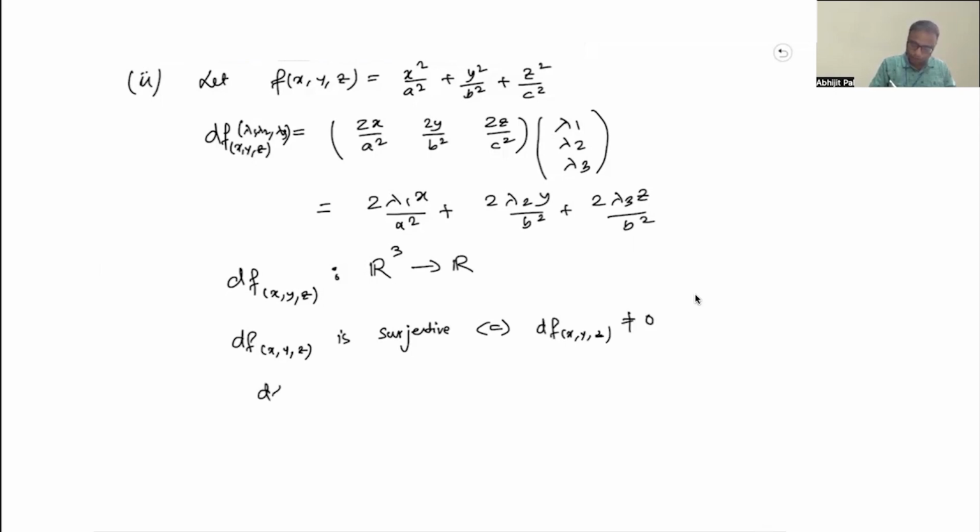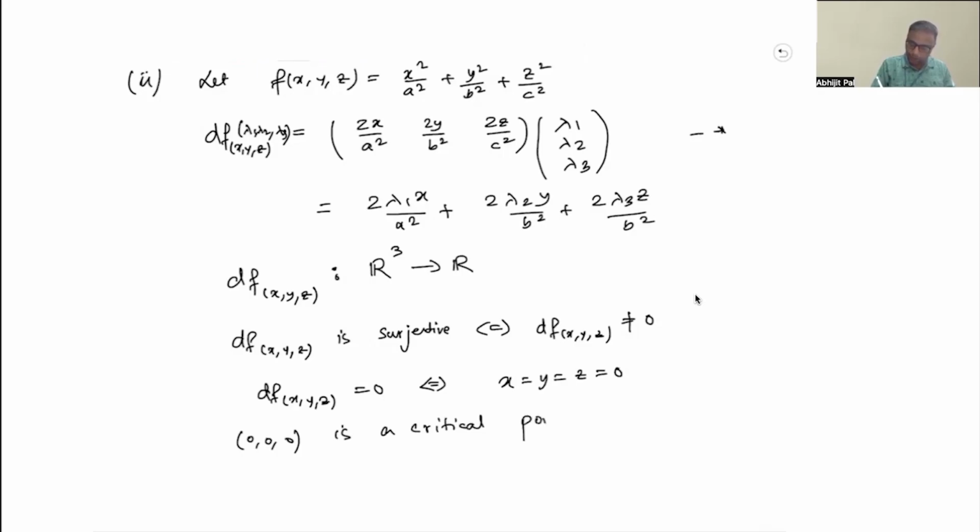So therefore, this df at xyz is a 0 map if and only if, from here, this is a 0 matrix, which means x, y, z will all be equal to 0. Okay. So therefore, 0, 0, 0 is a critical point.